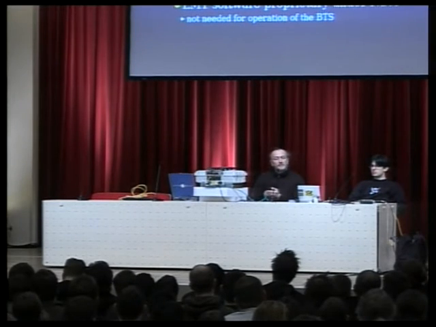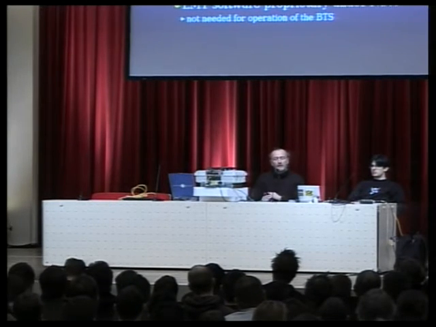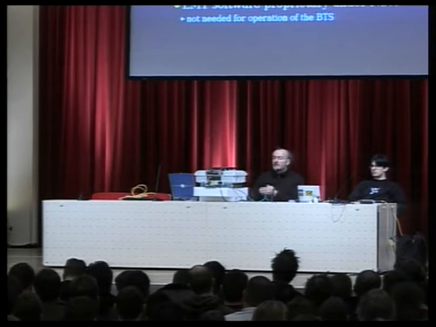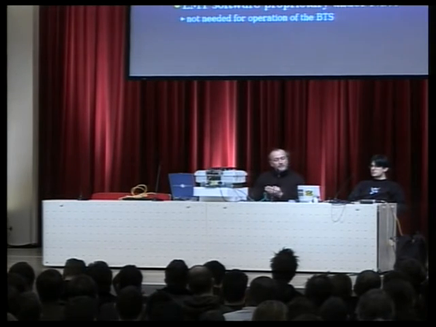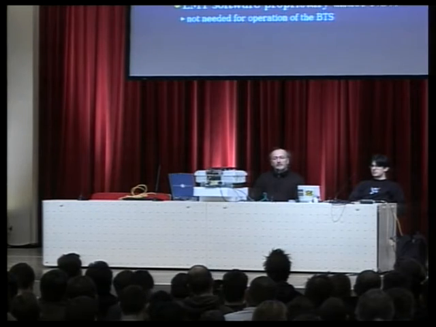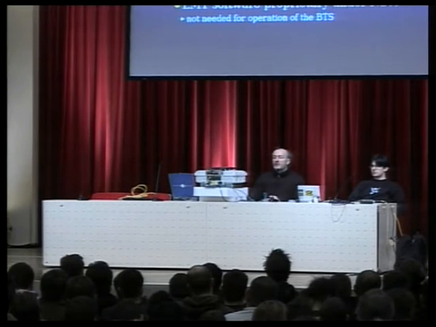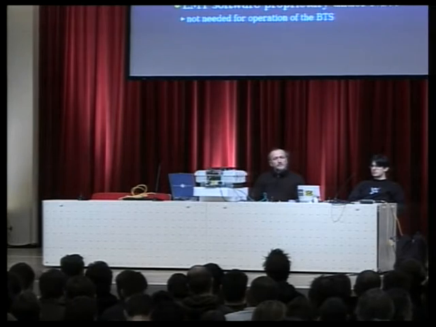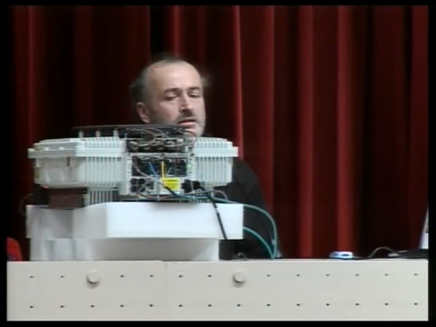These are not the messages you need to communicate with the mobile, but you need them to set it up so that it initially starts up. We thought that these messages and this protocol were really specific to the manufacturer of the base station. This was the case, I think, for base stations built before probably the late 90s.